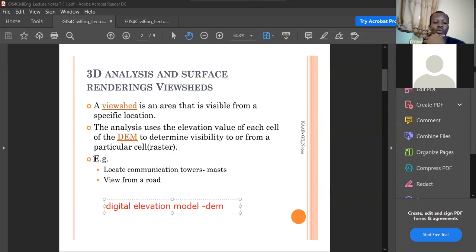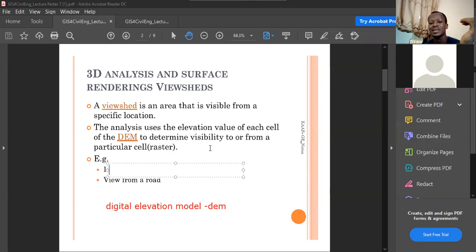We can use viewshed analysis to locate communication masts, for example. Where the communication mast is, the signal can reach certain places. The areas that these signals can reach become the viewshed.